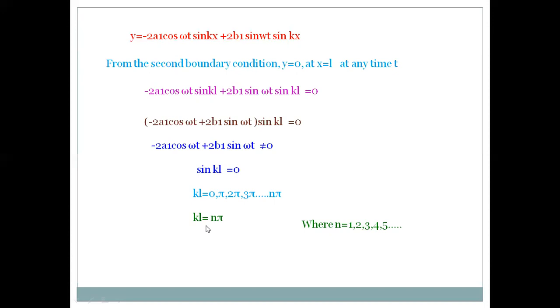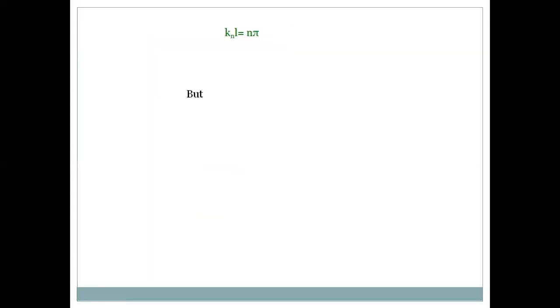So from that, kl is equal to n pi, where l is a constant, and k is limited to a discrete set of values. These are called eigenvalues. So k may be replaced by kn, that is kn into l is equal to n pi. From that, kn is equal to n pi by l. But we know k is the wave number, that is equal to 2 pi by lambda, multiplied and divided by nu, where lambda nu is equal to velocity v.